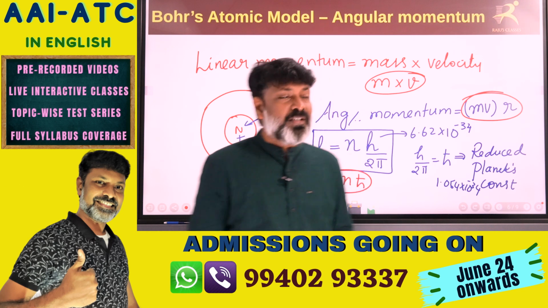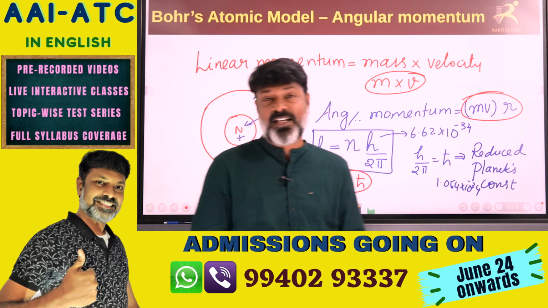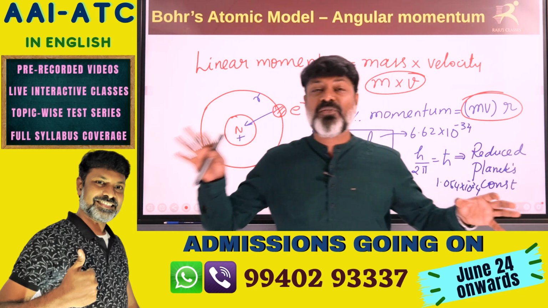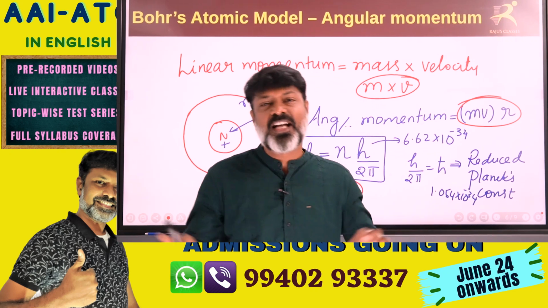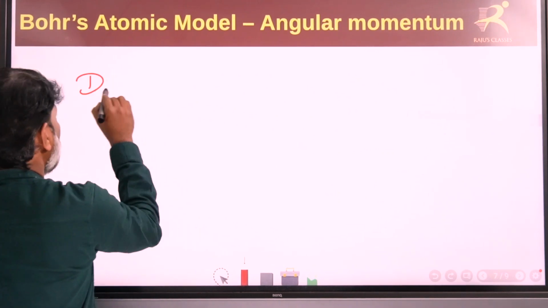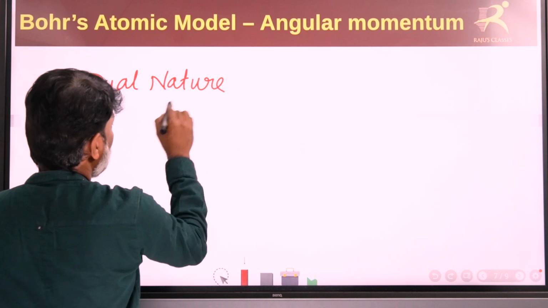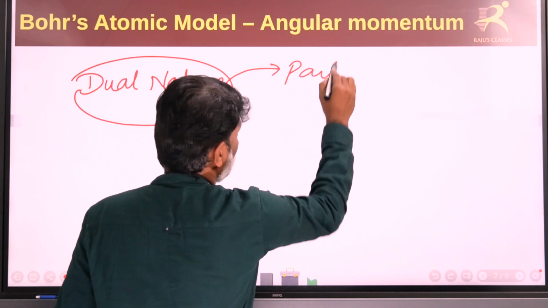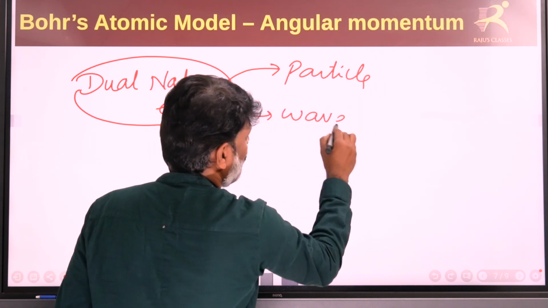Apart from that, one more concept is there, because we know very well that the electron behaves like a particle sometimes and like a wave sometimes. It has both particle nature and wave nature. Whenever I talk about the dual nature of an electron, it behaves like a particle sometimes and like a wave at other times.